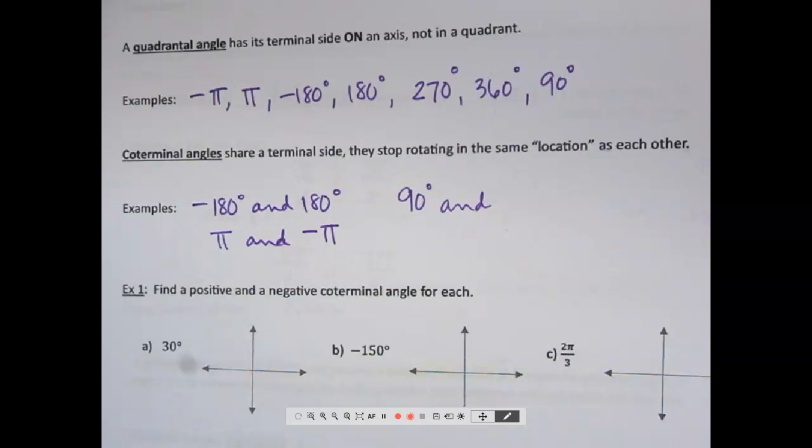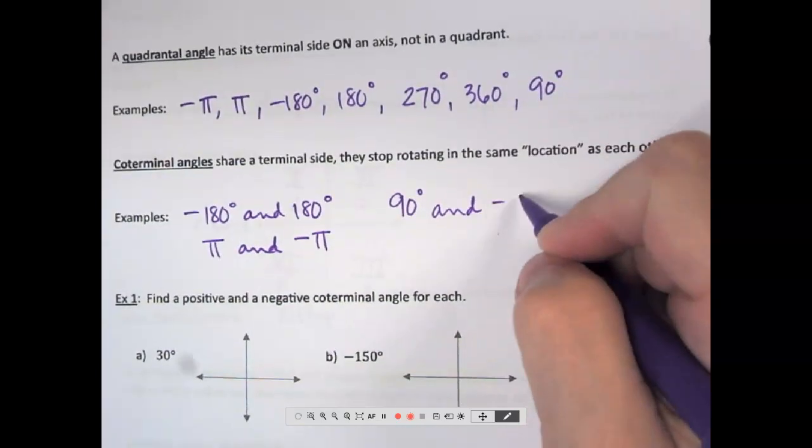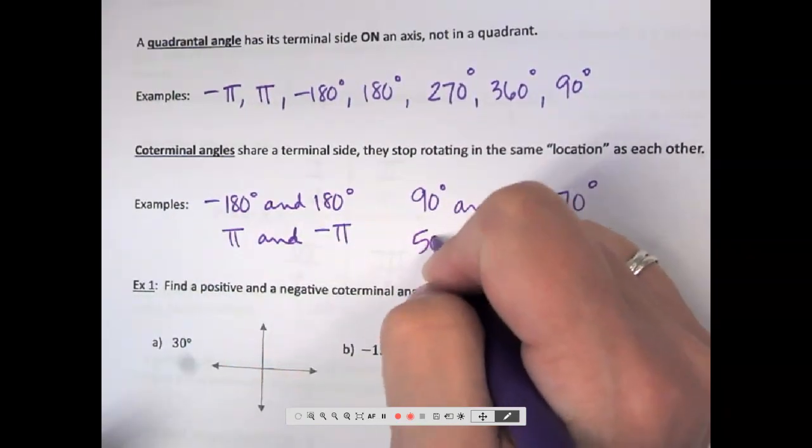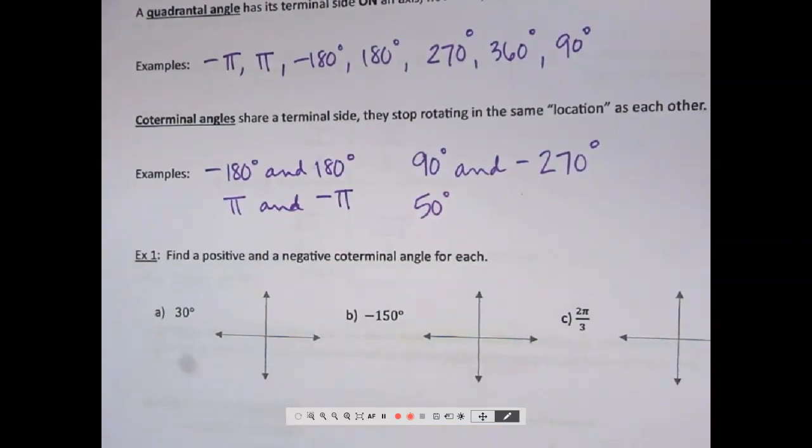So negative 270 is a good one. What about 50? Negative 310, and how are you getting that? Okay.